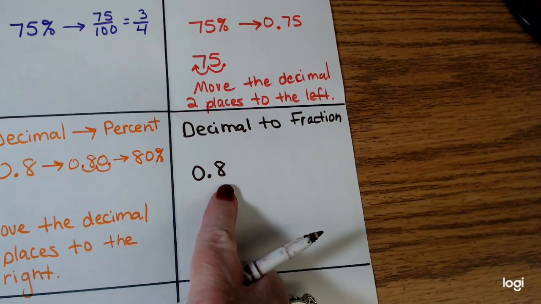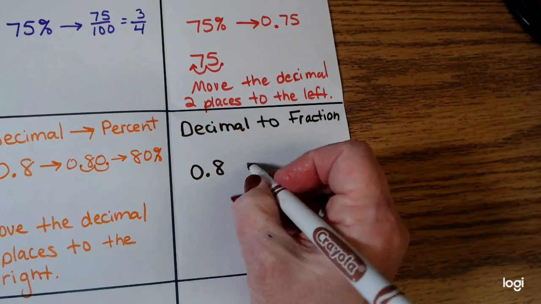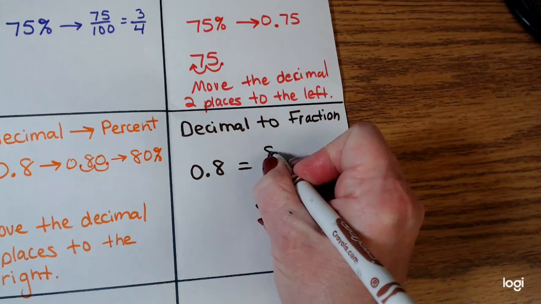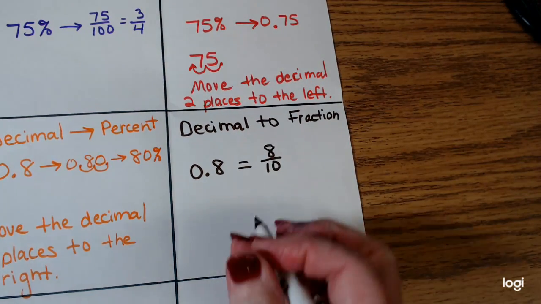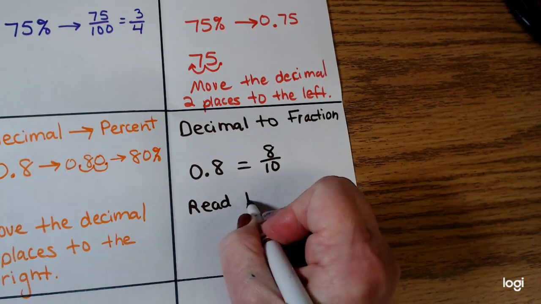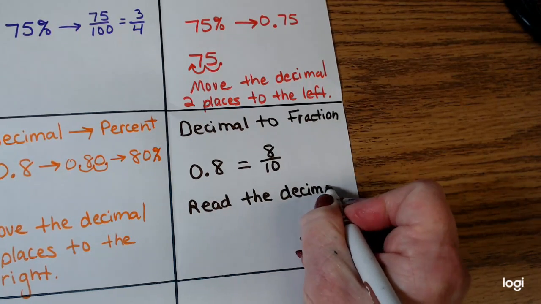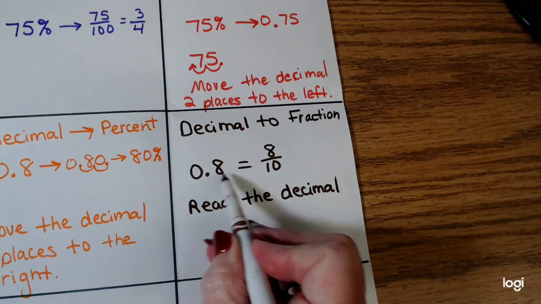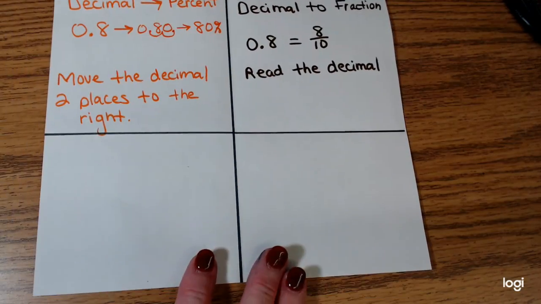If you read the decimal, it says 8/10. Well, how would you write 8/10? You'd write it like this. So we'll just put a little note here to say read the decimal. 8/10.